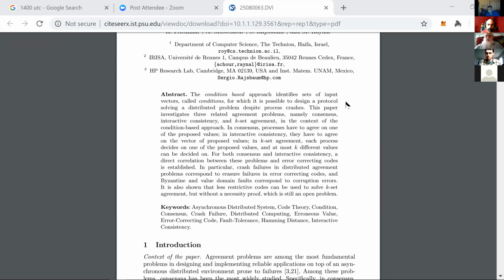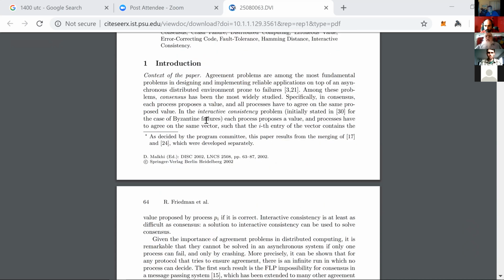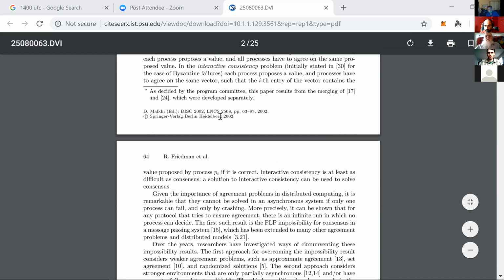When did the paper come out? Oh, it's quite old. It's 2002, I believe. This is the only date I found on it here, the 2002.